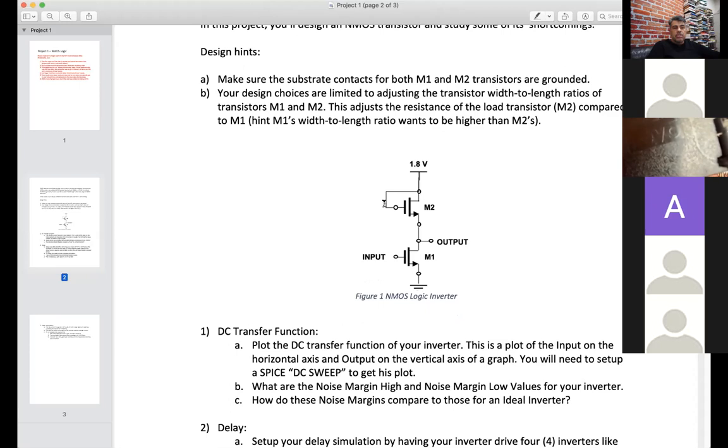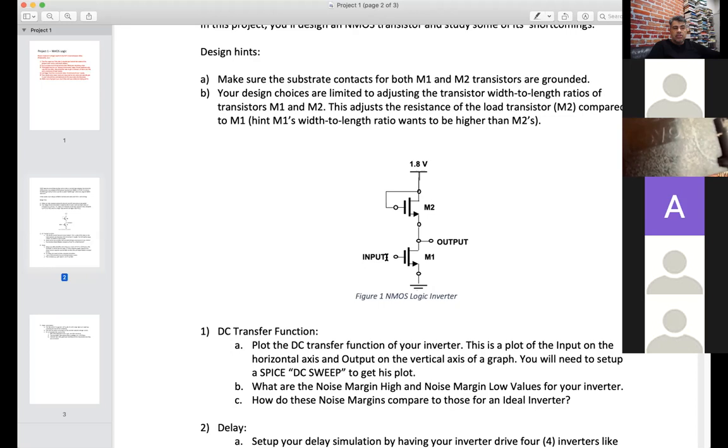As long as the gate is a threshold voltage above the source, so the gate is at 1.8 volts in this case, which is the supply voltage, as long as this node is an NMOS threshold voltage below 1.8 volts, this guy's on and is pulling this node up, and it's fighting with this guy.